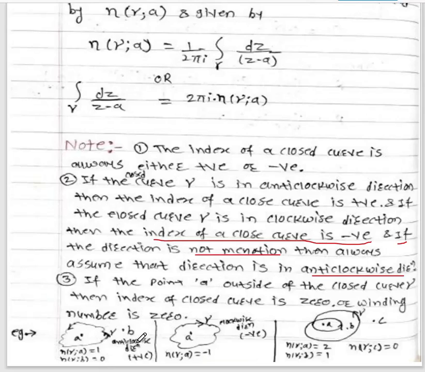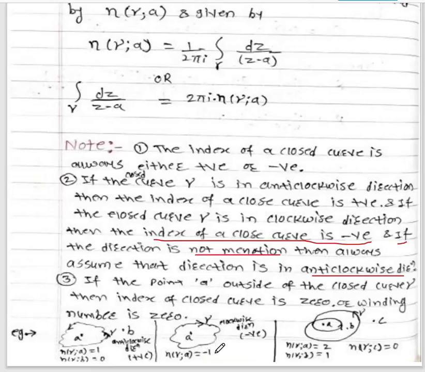And for a point B, this is the point B, and the direction is given as anticlockwise. The point B is outside of this closed curve gamma, and therefore the index of the closed curve gamma at the point B is 0.